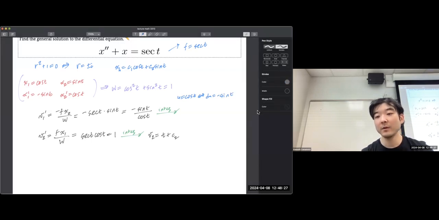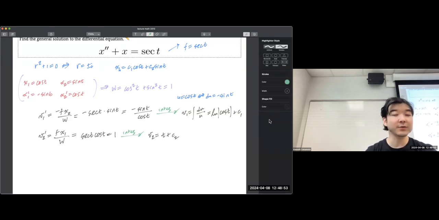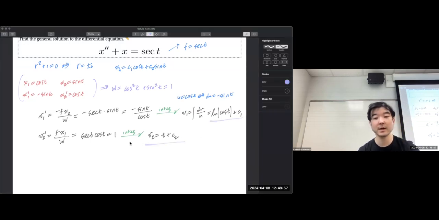So v1 after this sub is going to equal the antiderivative of du over u, which is just the ln of u, but I'm going to replace the u with cosine: ln of the absolute value of cosine, plus c. Okay, so that's the antiderivative of negative tan. Don't think that it's secant squared, because that's actually the derivative of tan, but the antiderivative is not.